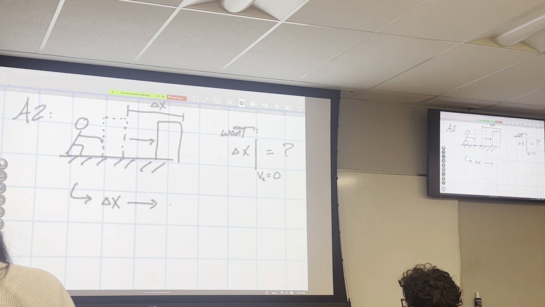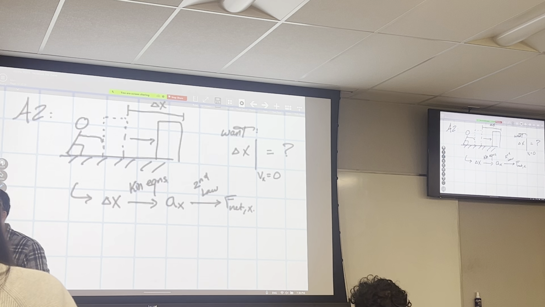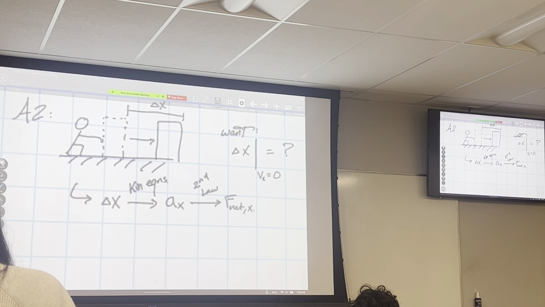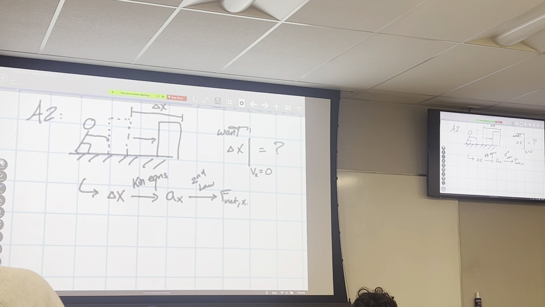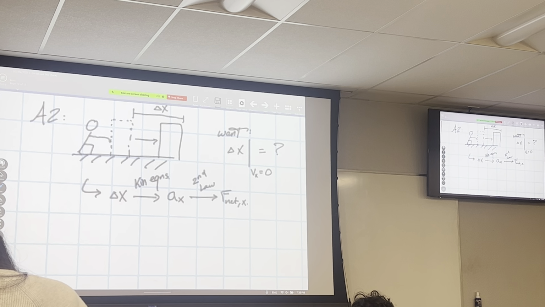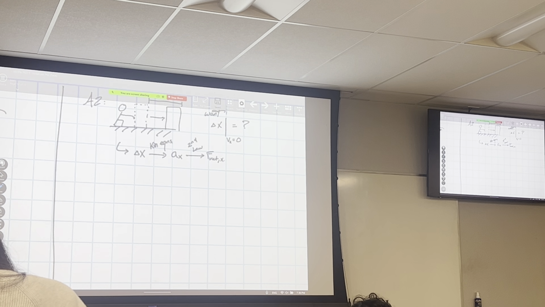And this is the working backwards approach. If you want to know this, you can get this as long as you have acceleration, or you can get acceleration as long as you have the net force in the x direction. And can we get the net force in the x direction? Well, let's look at the free body diagram and that will tell us.